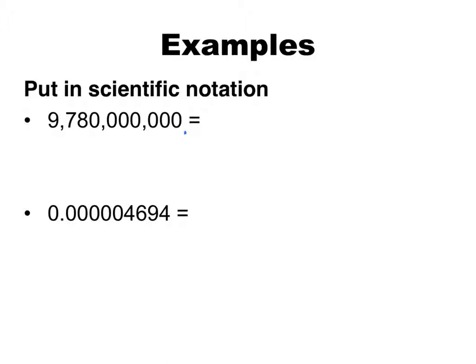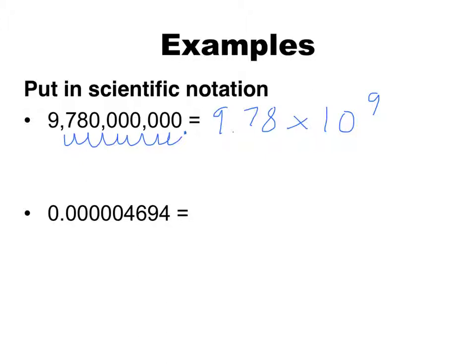So we're going to figure out how many times we need to move the decimal point over until we get a number between 1 and 10. We'll go 1, 2, 3, 4, 5, 6, 7, 8, 9. And so we're going to have 9.78 times 10 to the 9th power. So there's that number in scientific notation.